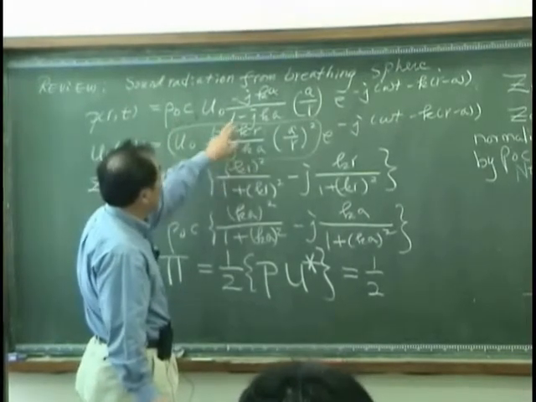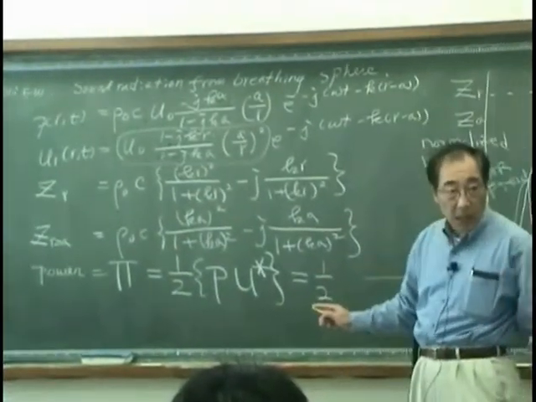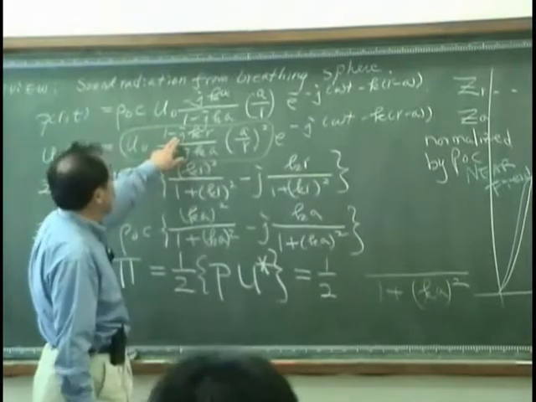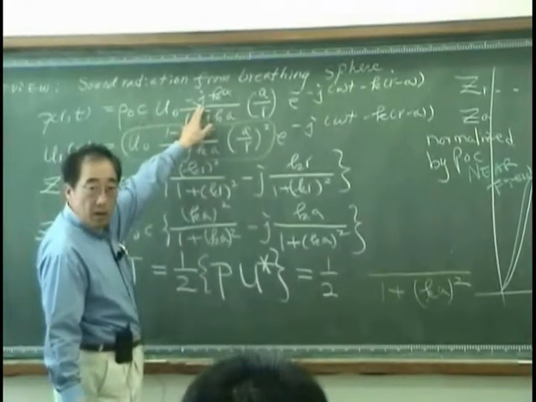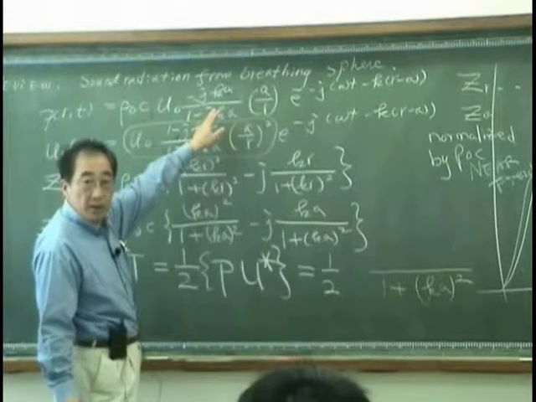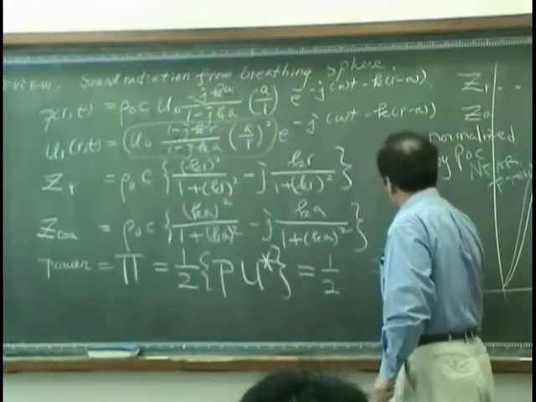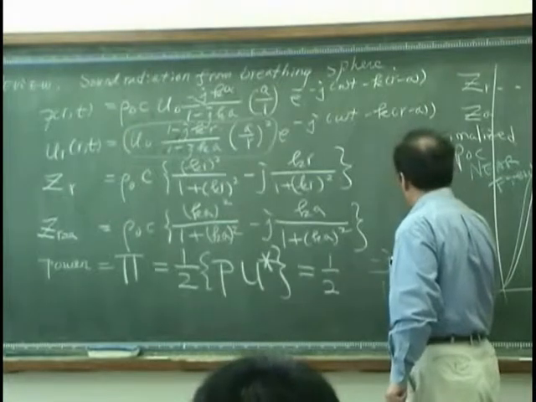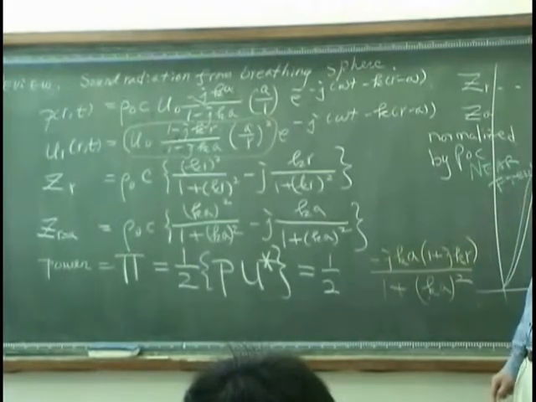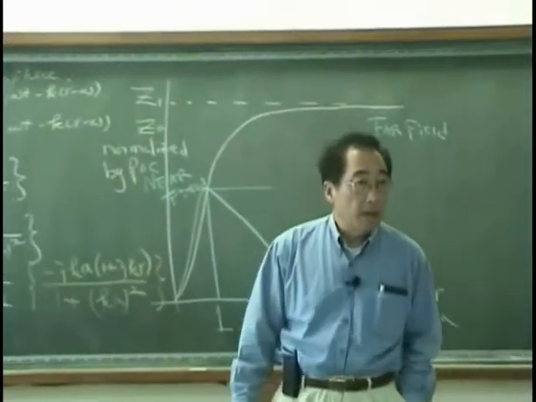Then 1 plus jka, 1 minus jka will give me what? 1 plus ka square. And then 1 plus jkr plus ka, right? Is it right? So minus jka has to be multiplied by 1 plus jkr. Is it correct? Is that the power?